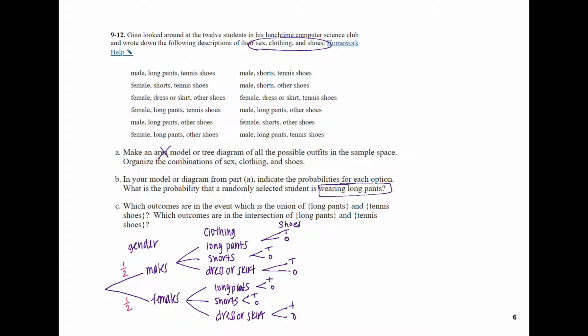We know that 2/3 of the time our males wear long pants, 1/3 of the time they wear shorts, and 0/3 of the time they wear dresses or skirts. For the females, however, they wear long pants 1/3 of the time, shorts 1/3 of the time, and dresses or skirts 1/3 of the time.